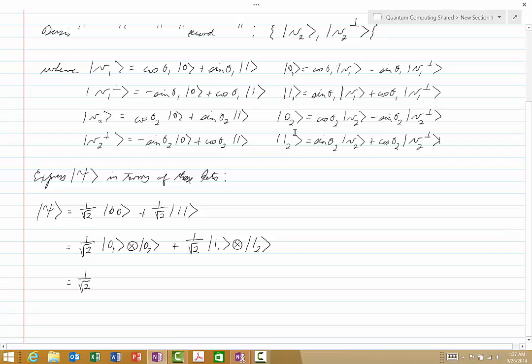So when we take these expressions and use them to substitute down here, we will get the following: 1 over square root of 2, and then cosine theta 1 V1 minus sine theta 1 V1 orthogonal, and for 0, 2, we will have cosine theta 2 V2 minus sine theta 2 V2 orthogonal.